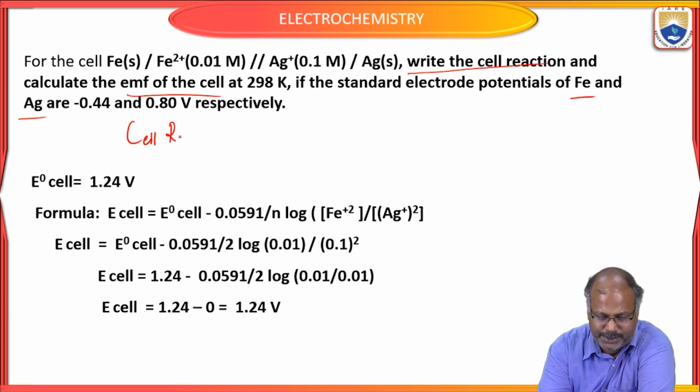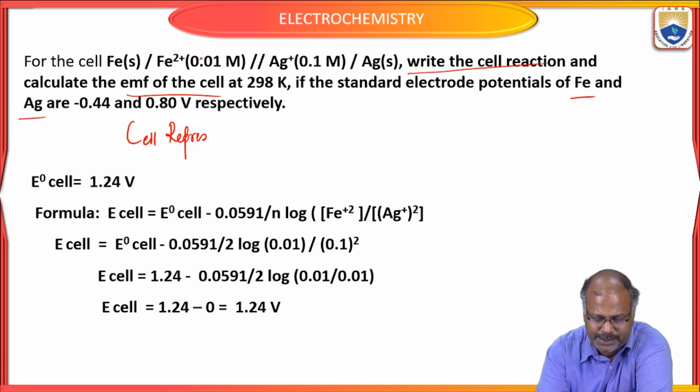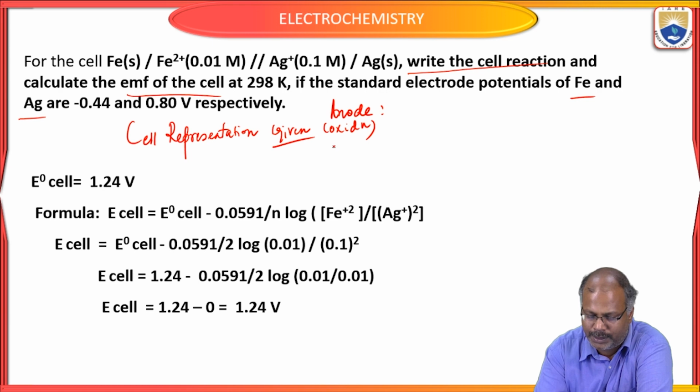For that, we will make the cell representation first. Cell representation is given directly. What is given in the cell representation? Oxidation of iron, and reduction. So anode half cell reaction, which is oxidation, and cathode half cell reaction, which is reduction.